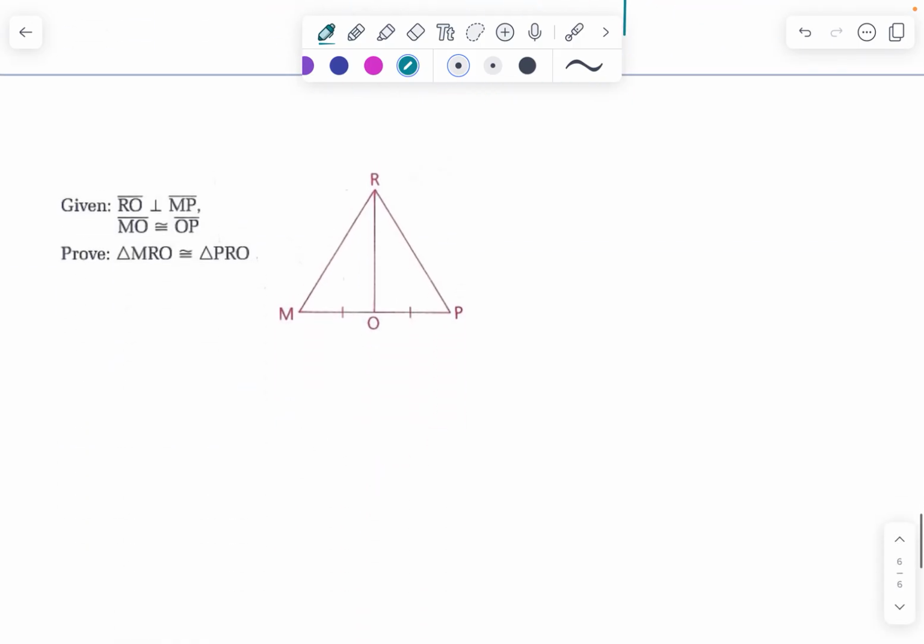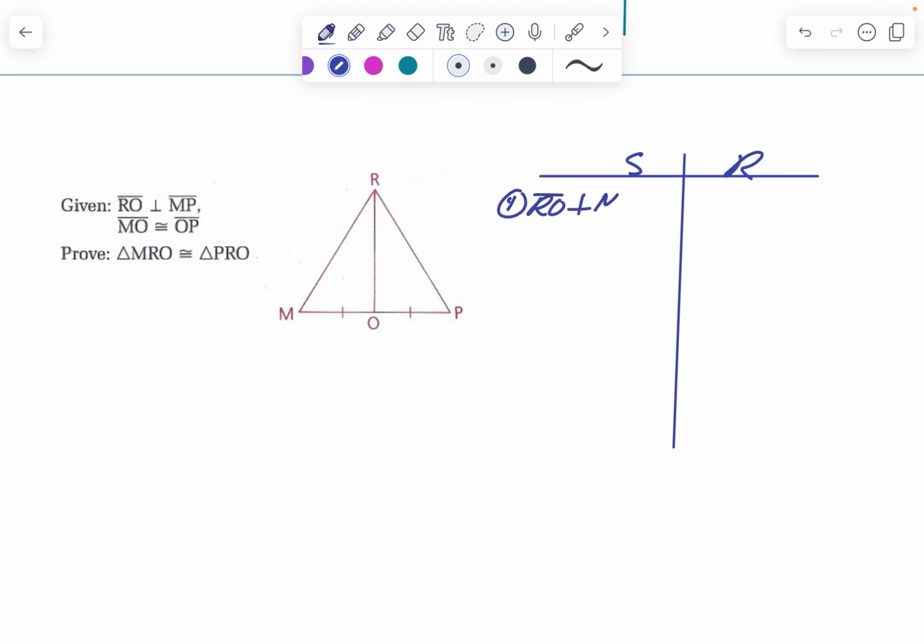All right, this one is a little tricky. I'm going to show you why. Given information, RO perpendicular to MP and MO congruent to OP. All right, so everything is marked on our diagram.